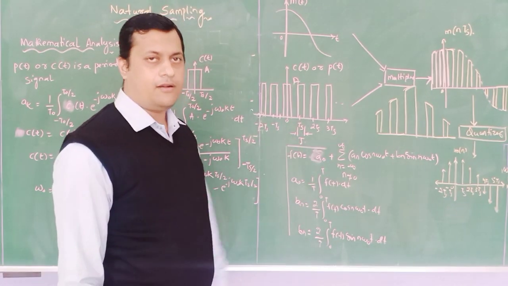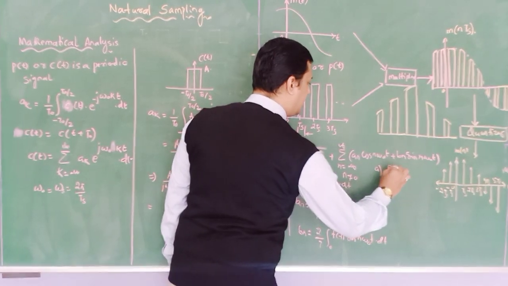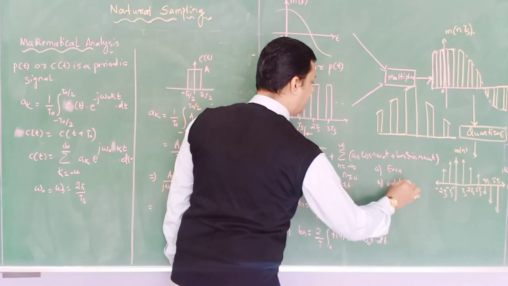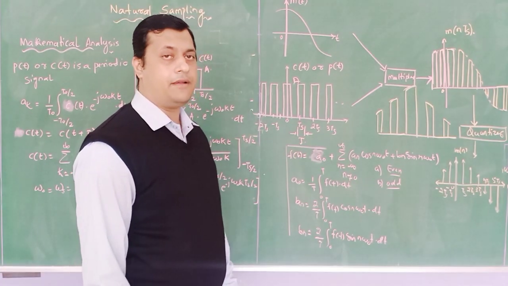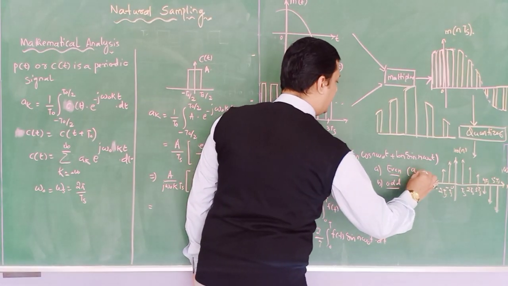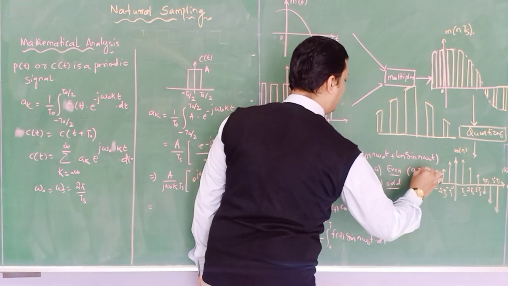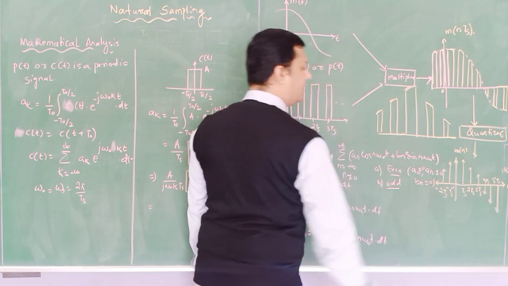Now in that periodic signal, two cases are there: whether it is even or odd. If the periodic sequence is even and symmetric in nature, then a naught and a n are not equal to 0, but b n will be 0.